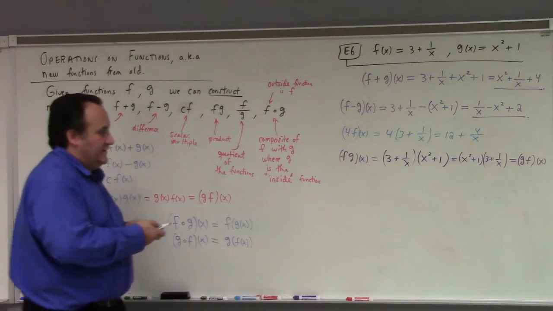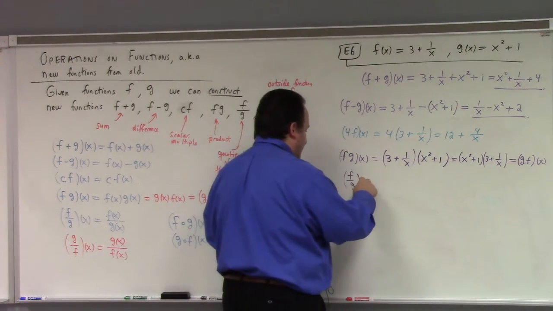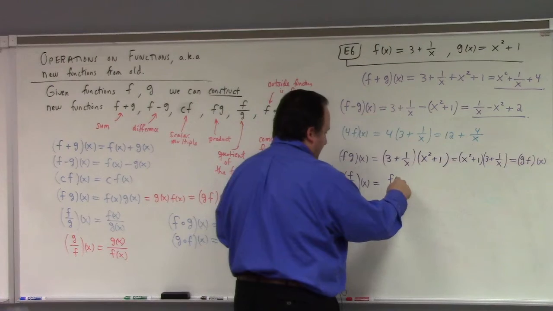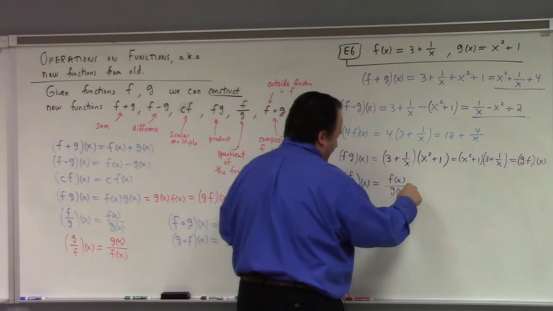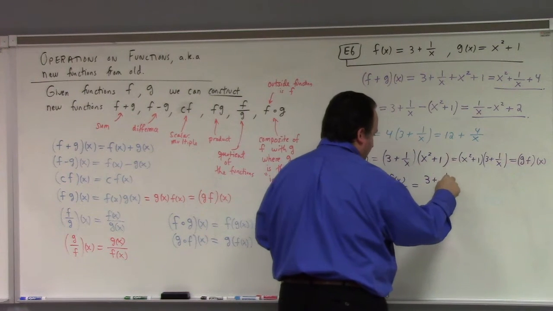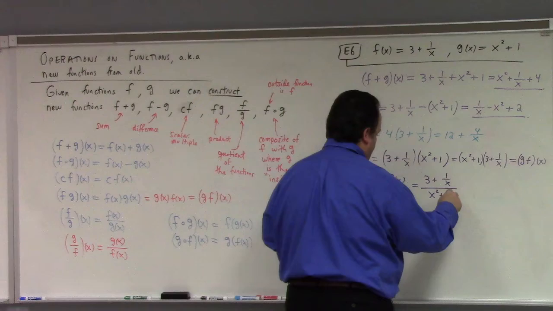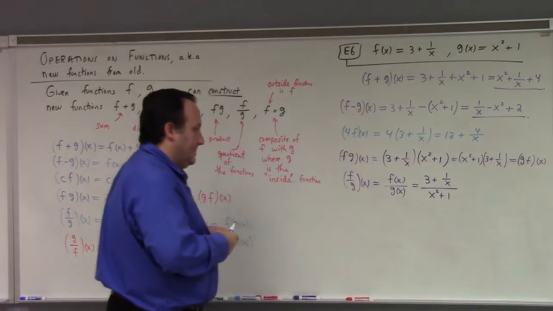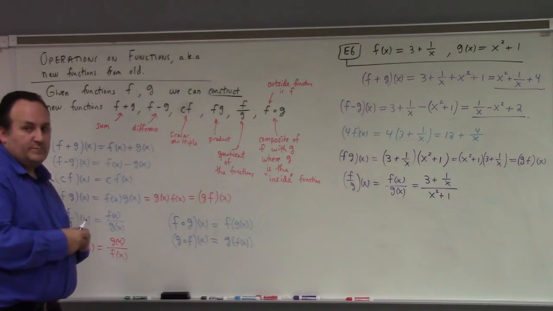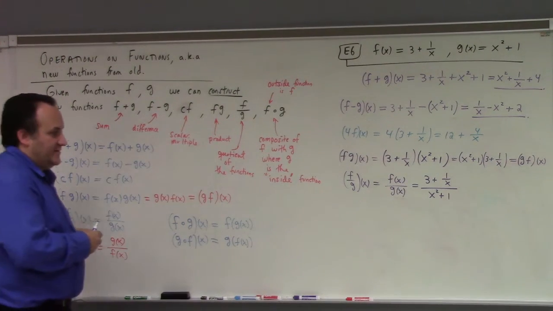F over g is what? So we have f of x over g of x. What's that look like? 3 plus 1 over x over x squared plus 1. That's the quotient of f by g. What would g over f look like?